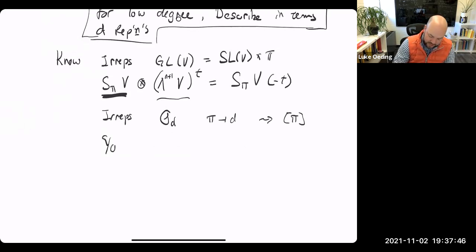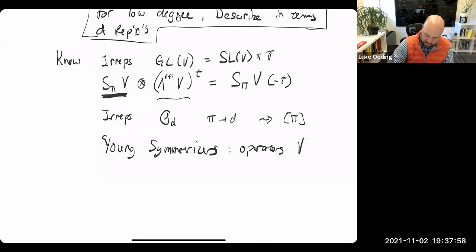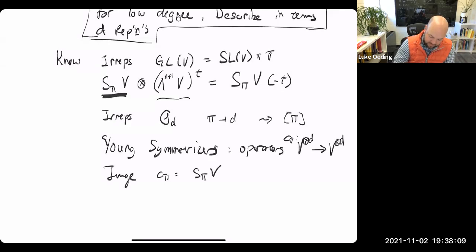And then we had Young symmetrizers, which are operators V tensor to the D to V tensor to the D, and their image, say C pi, the image of C pi is S pi of V, a copy of S pi of V. So the operators themselves come from this representation.